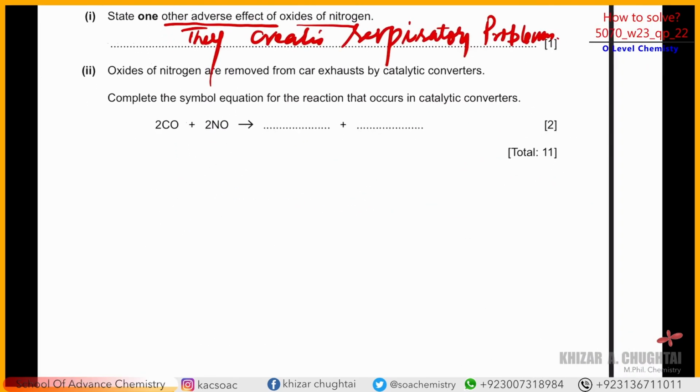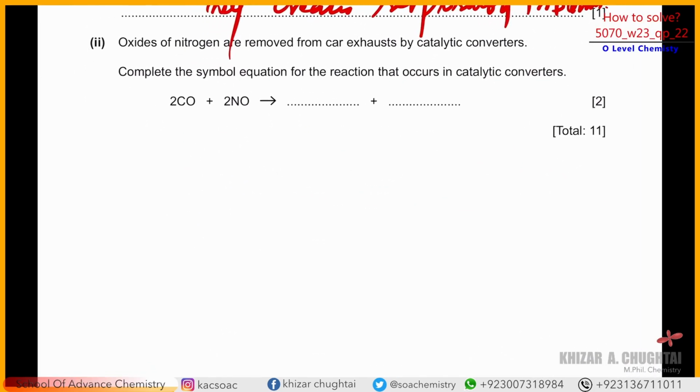Next question, the part basically oxide of the nitrogen are removed from the car exhaust by catalytic converter. Complete the symbol equation for the reaction that occurs in catalytic converter. This is the carbon monoxide, this is the nitrogen monoxide, and what are the outcomes after passing these gases from catalytic converter?